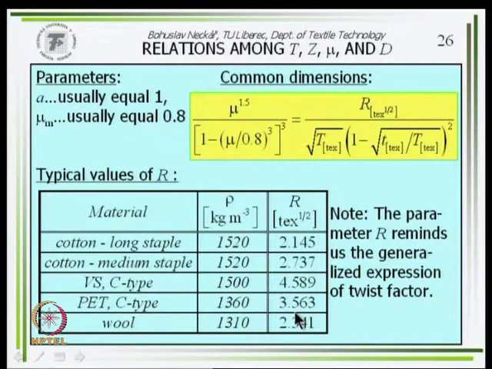What a good value is, you can see in this table. For example, for cotton fibers, long staple 2.1, tex to the power 1/2. Medium staple 2.7, and so on and so on.